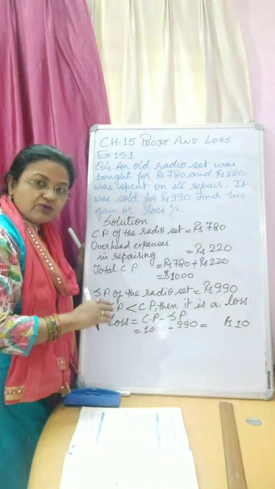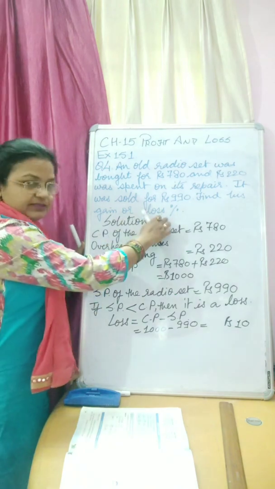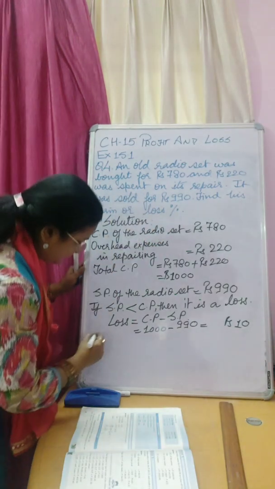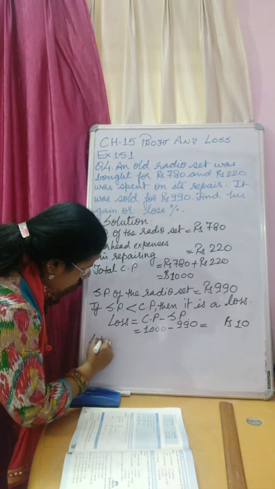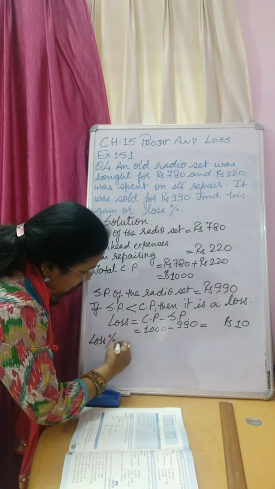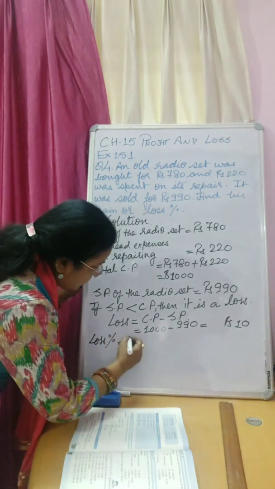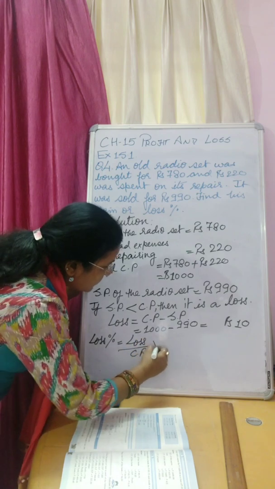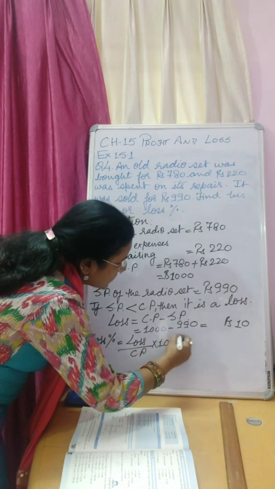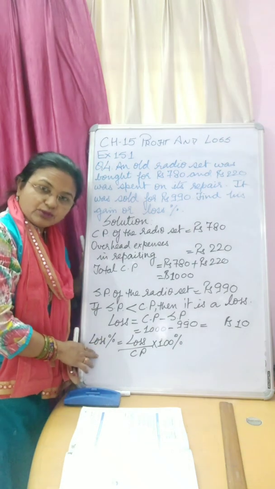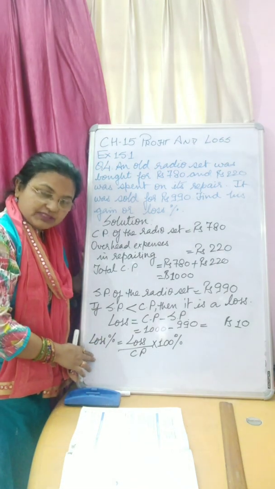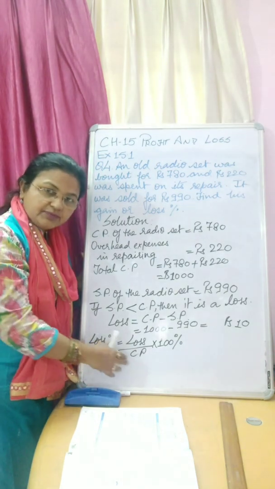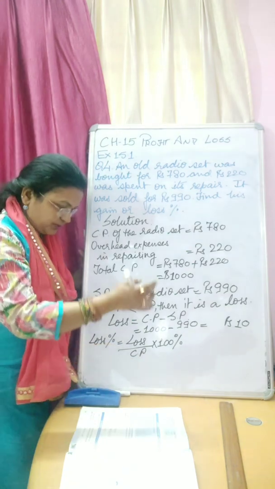We have found loss. Now we have to find out the percent of loss. So loss percent equals to, the formula is loss by CP into 100%. Whether it is loss percent or gain percent, it is always calculated with CP, the cost price.